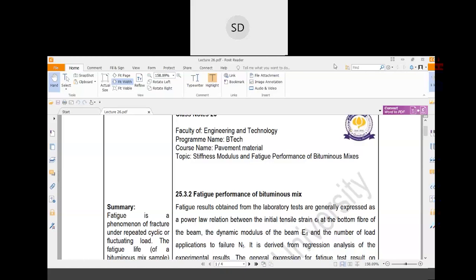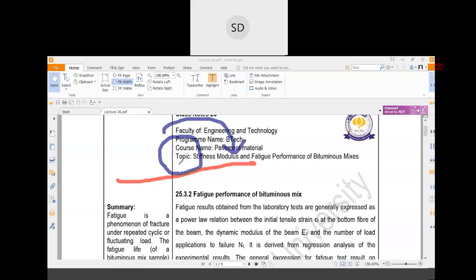Suppose that this is the top surface of a pavement and this is the tire. Whenever a vehicle is moving, the tire will revolve.